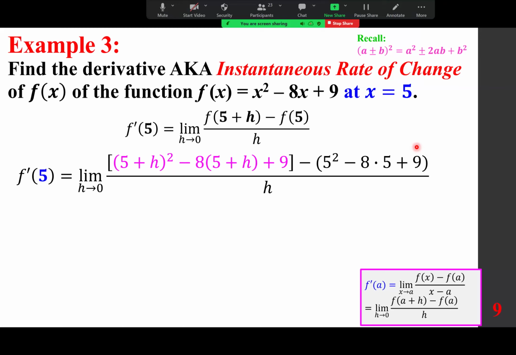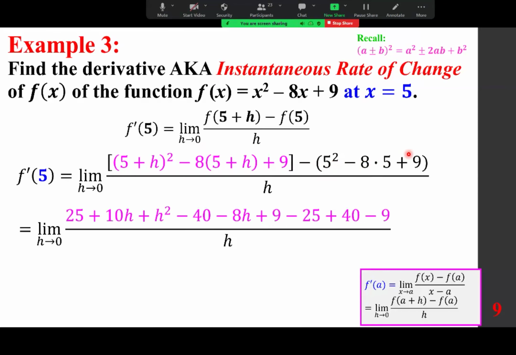Now, of course, I have to simplify each one, starting with 5 plus h squared. Using that, we get 5 squared, which is 25, 2 times 5 times h is 10h, plus h squared, minus 40, minus 8h, plus 9, minus, this is 25, so minus 25. This is 40, minus and minus, plus 40, and minus 9.